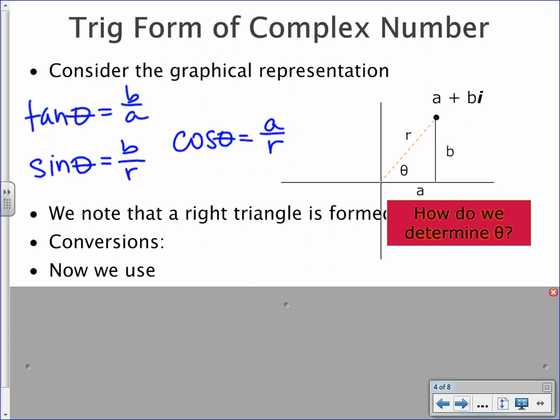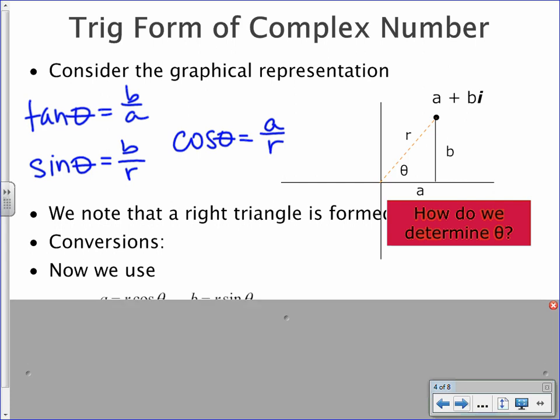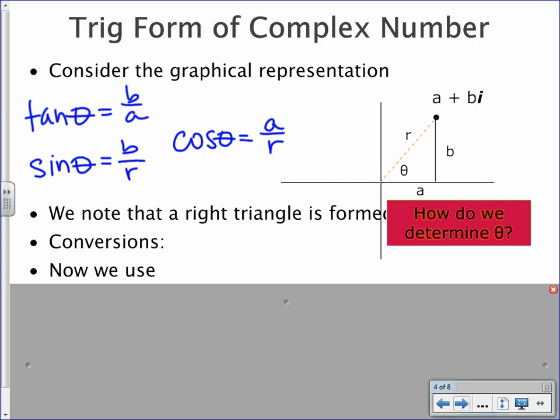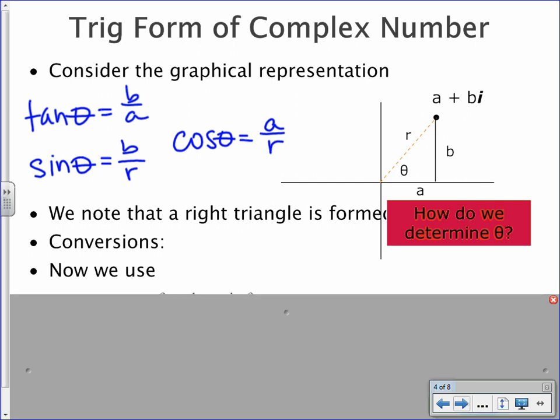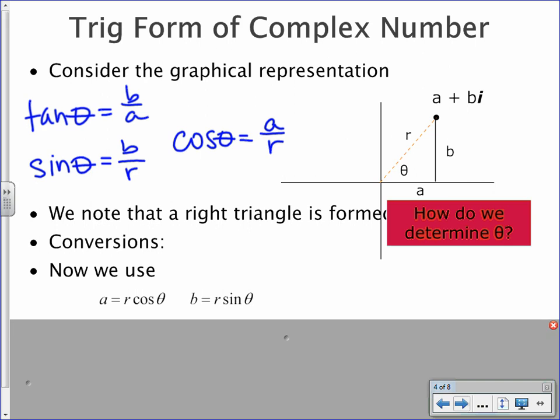A over R. So if I want to write A and B, then A is R cosine theta, similar to the horizontal component of a vector. B is R sine theta, similar to the vertical component of a vector. These are not vectors, but how we find these things are the same.